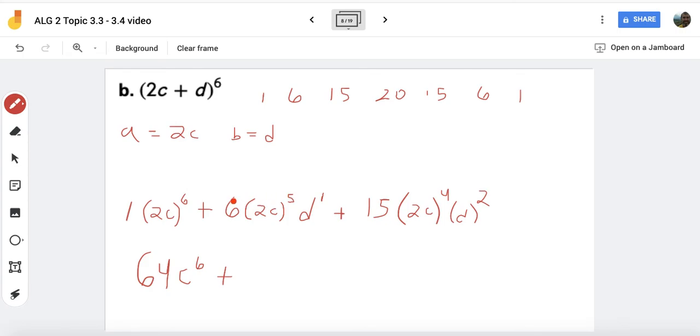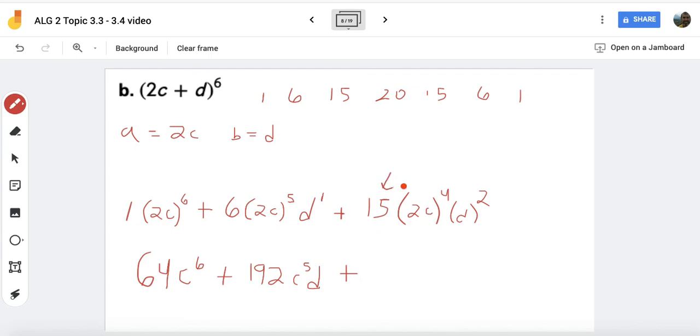So I have 32. 6 times 32, I think, is 192. And then we still have C to the 5th power. And D shows up now. And for the rest of this, C is going to be reducing in exponents and D is going to be increasing in exponents.